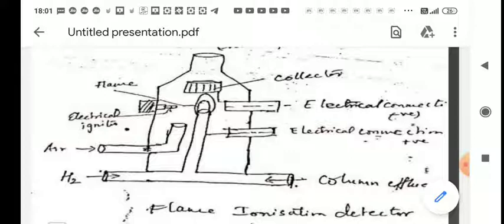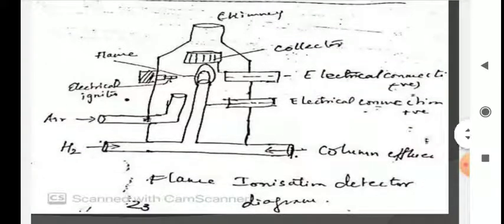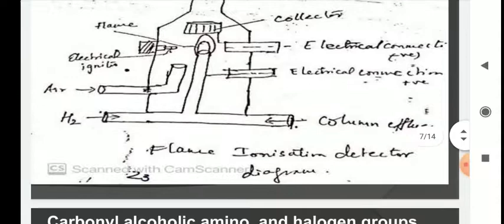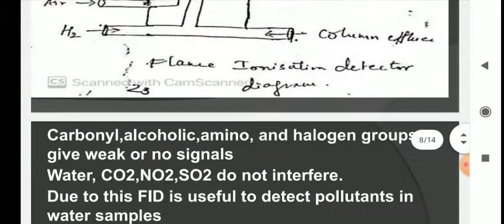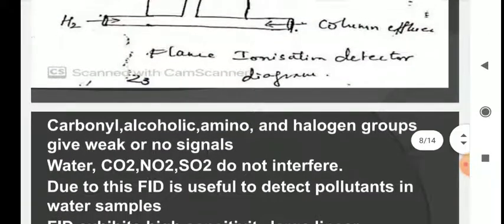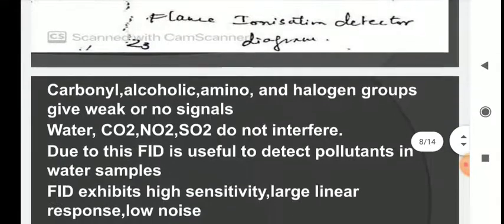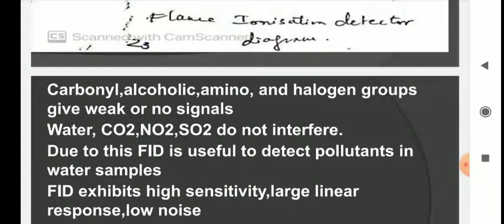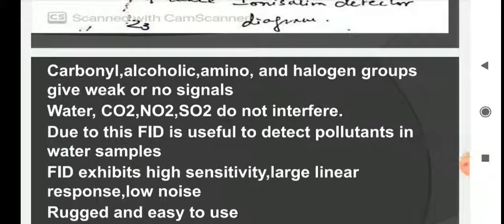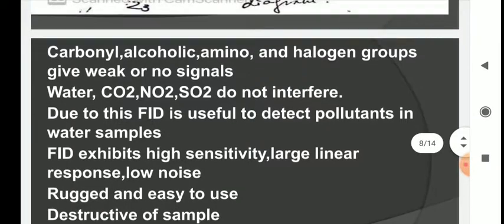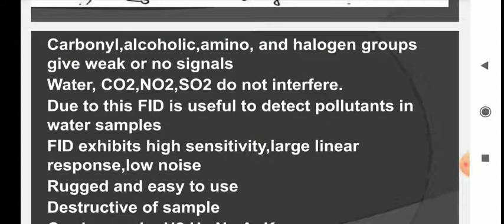But you can see that some compounds will not give you any current in this. Let us see what those compounds are. If you have a carbonyl group, an alcoholic group, an amino group, or halogen compounds in the compound, they will give you a weak or no signal. Also water, carbon dioxide, nitrogen dioxide, and sulfur dioxide do not interfere, which is good for us.